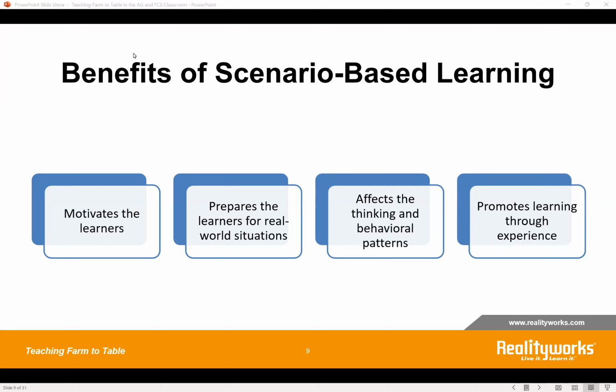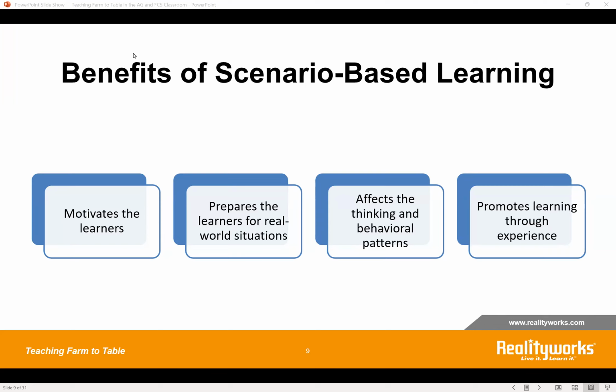Another one we love is that it affects the thinking and behavior patterns. A scenario-based learning environment influences the learner's real-world behavior and helps them achieve the desired objectives. So for scenario-based learning, it's a well-designed accountability for the variables in the learner's real life. And so getting that understanding and changing their behavior patterns by going through those scenarios.